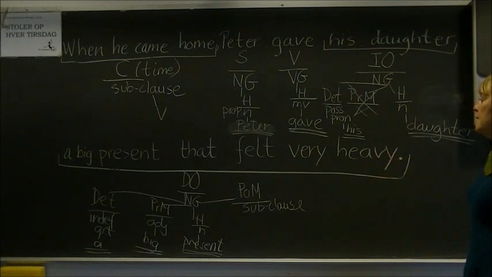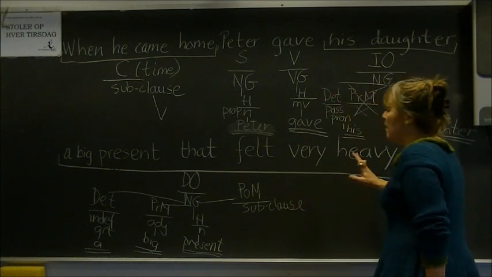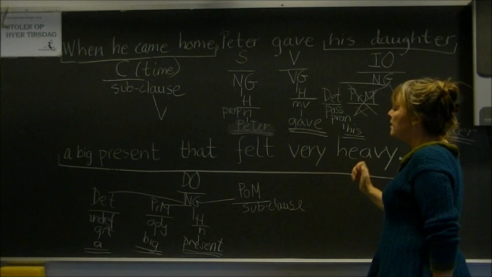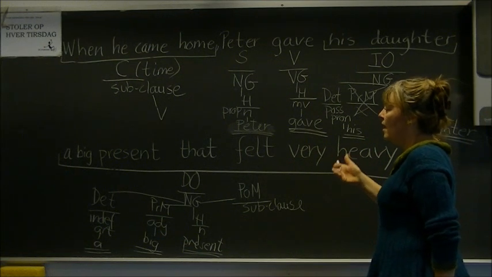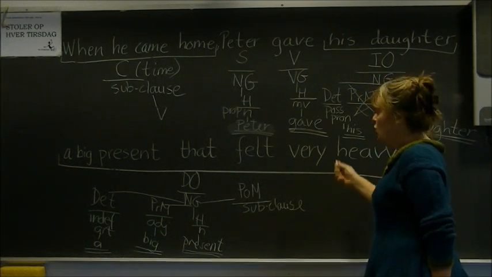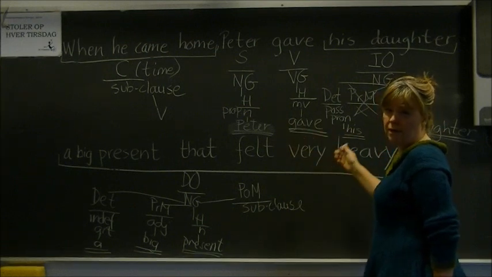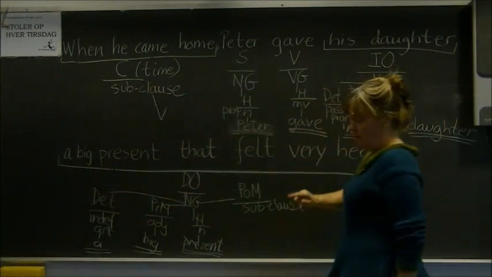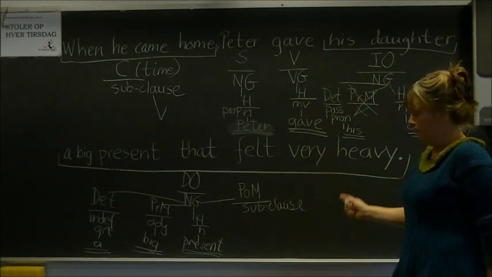It belongs inside the same role. And it has this descriptive manner in the meaning, in the sense that I could also rephrase it and say a big, heavy present, for example. So we can see that this last bit describes in the same way as big describes. This just comes after the head.